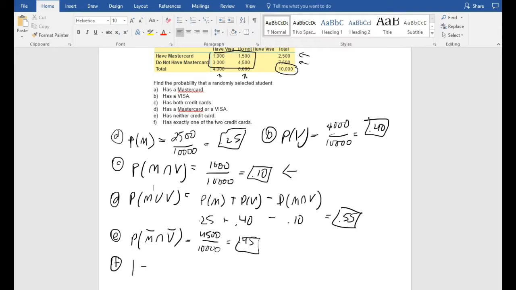We'll say 1 minus the probability that they have both, and then also minus the probability that they have neither. We have calculated both of those: 0.10 from part C and 0.45 from part E, and that gives us 0.45.